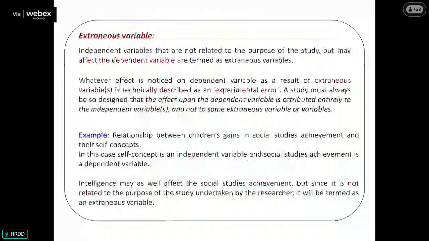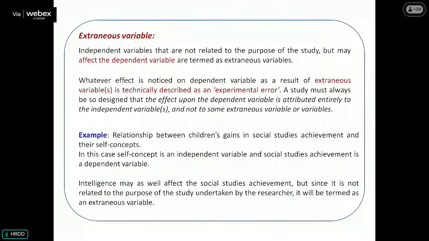Extraneous variable. So what is an extraneous variable? Just try to understand. It is also an independent variable. It is not dependent on anything else. These are independent variables that are not related to the purpose of the study.